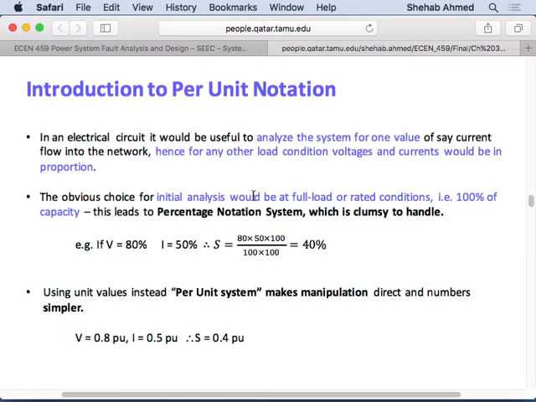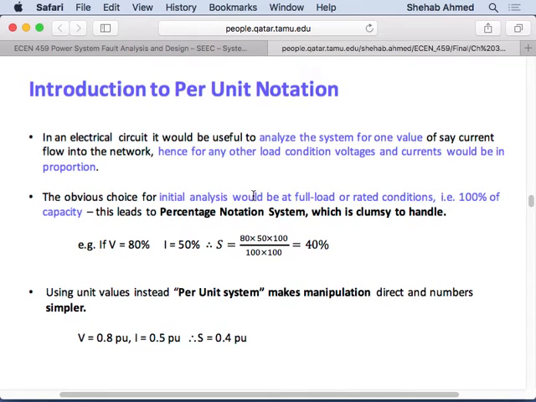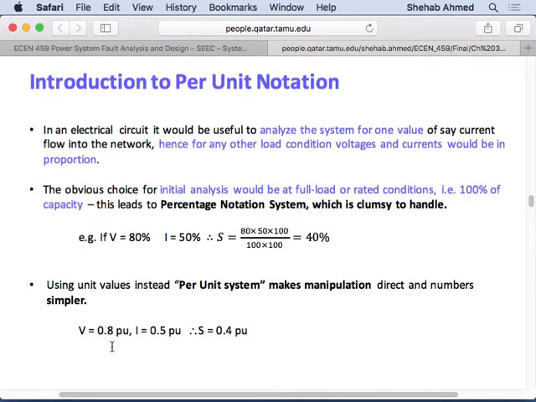I just need to find a way to normalize the power system. This is called per unit notation. It's a way to express the ratings of equipment and parameter values as a percentage, or rather as a number between 0 and 1.